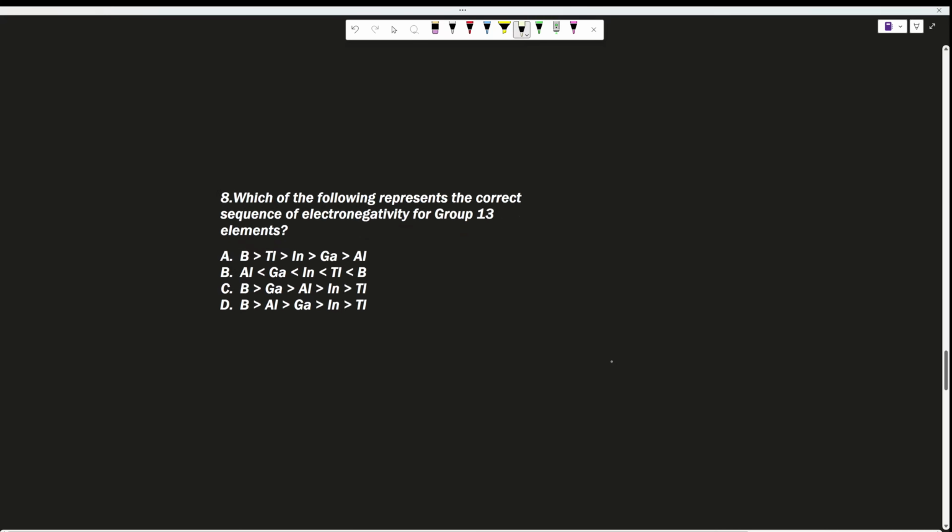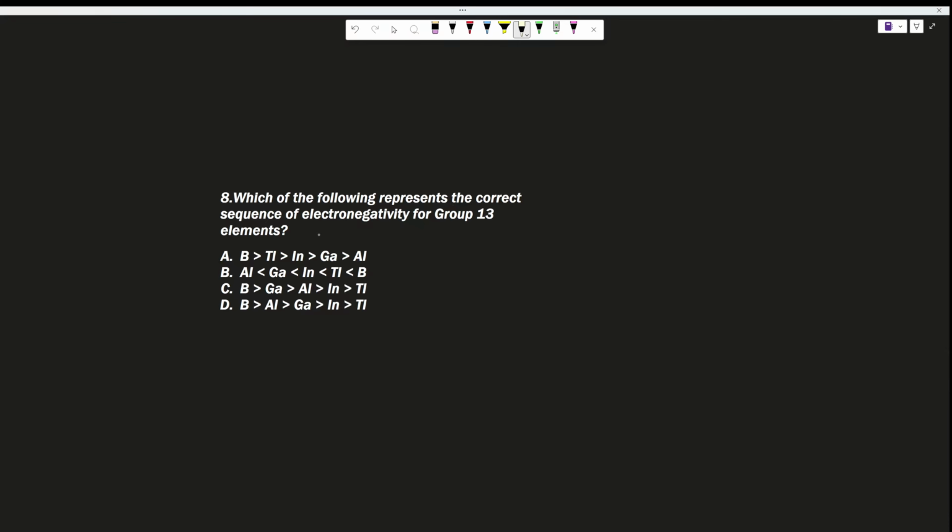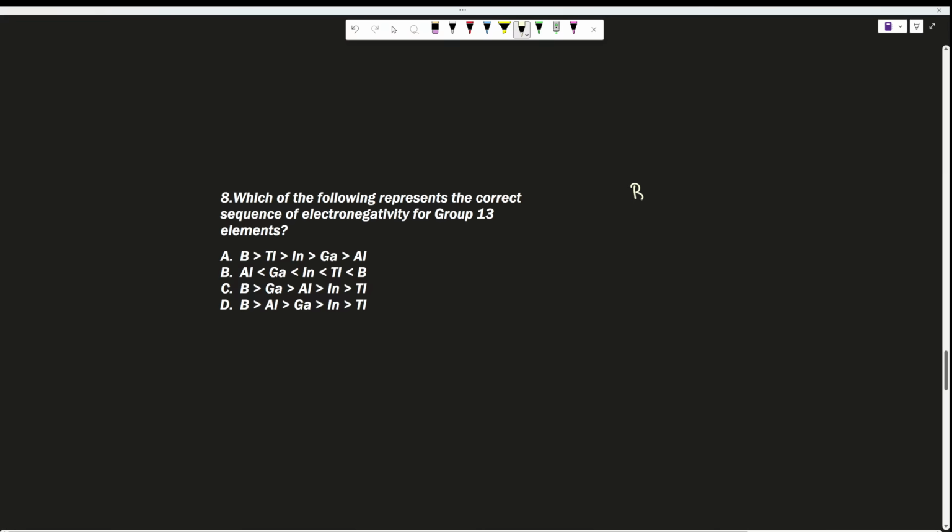Next one. Which of the following represents the correct sequence of electronegativity for group 13 elements? Okay, so the order of electronegativity we need. So in the elements boron, aluminium, gallium, indium and thallium.